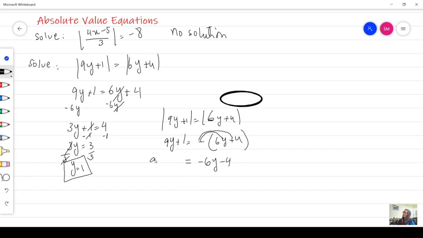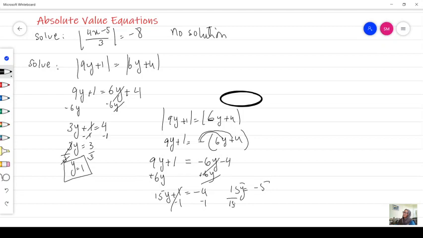Okay, 9y plus 1. So add 6y both sides. So 9 plus 6 is going to give me 15y plus 1 equal negative 4. You subtract 1 both sides and it's going to give me 15y equal negative 5.